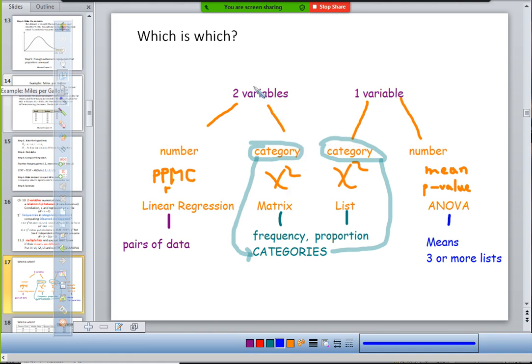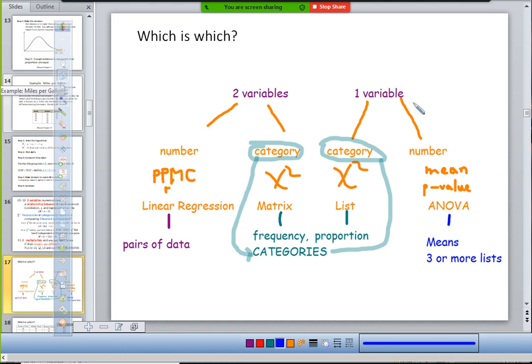If your answer to the question is a number, like what's your height, then that would be the linear regression area or the ANOVA, depending on whether I'm asking one question or two different variables. If I ask you your height and your test score, then we're looking at linear regression.